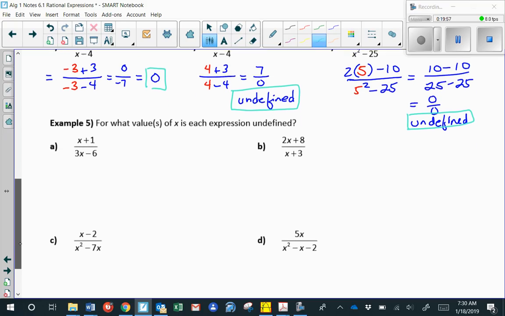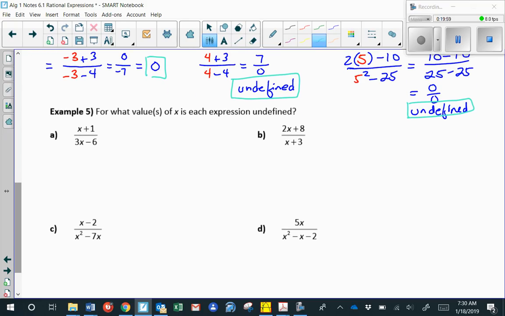So if we want to know for what values of x each of these expressions is undefined, we can find where our denominator is equal to 0. So in example 5a, 3x minus 6 is equal to 0, and that gives us a value of x equals 2.